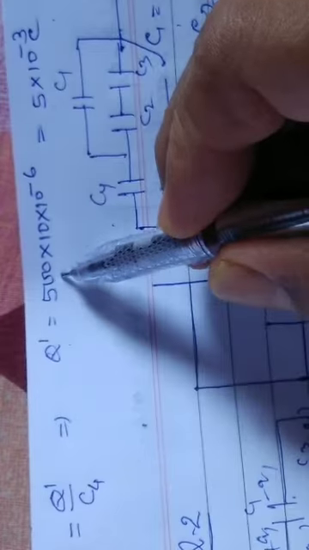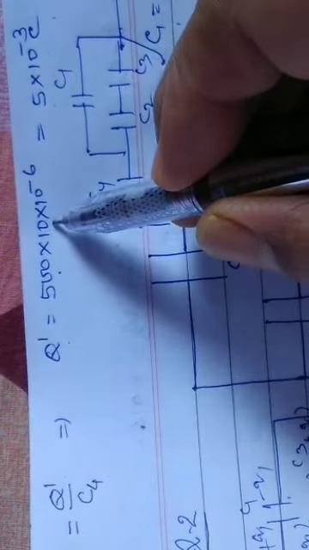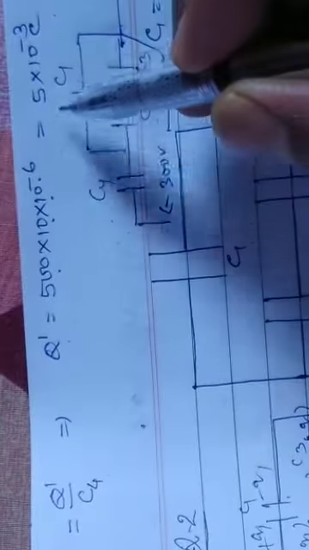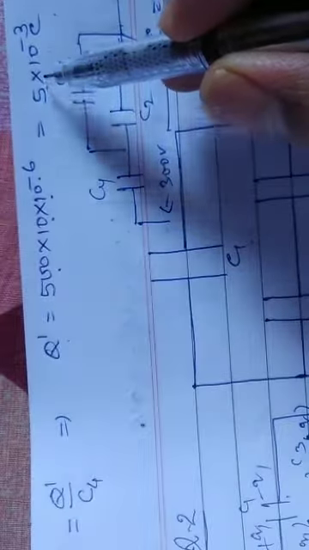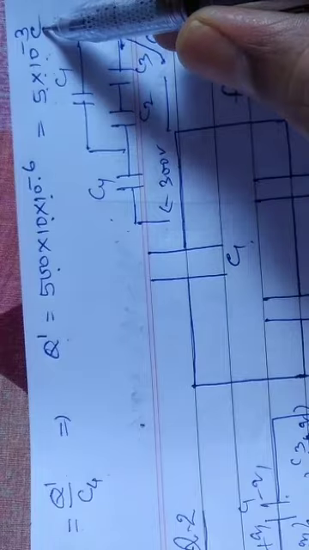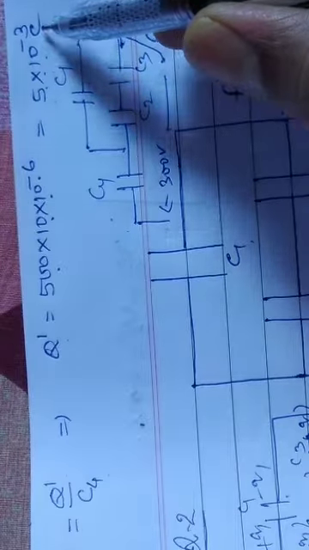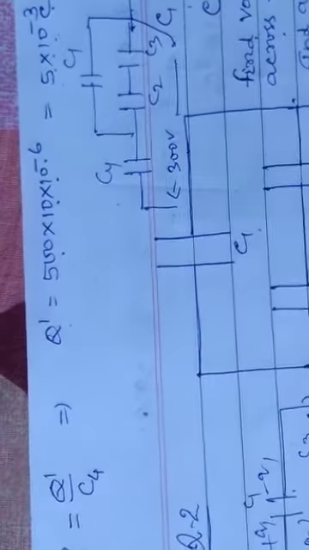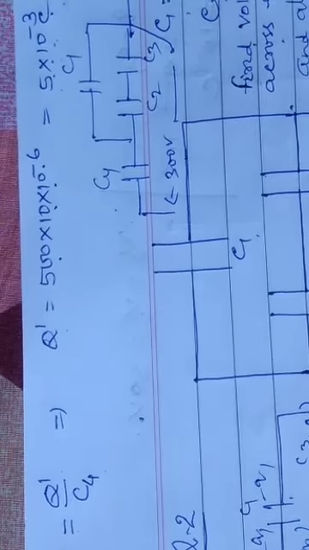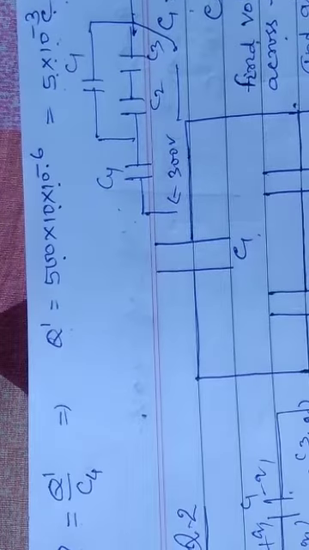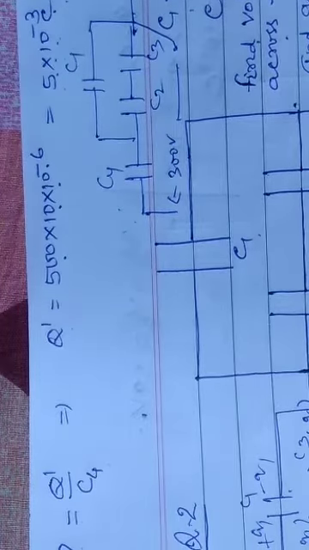The value of C4 is 10 microfarad, that is 10 into 10 to the power minus 6, and it comes out to be 5 into 10 to the power minus 3 coulomb. In this way we can find out the charge and the equivalent capacitance in question number 1.